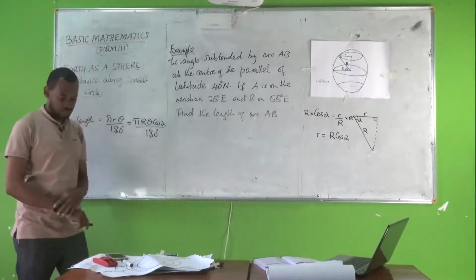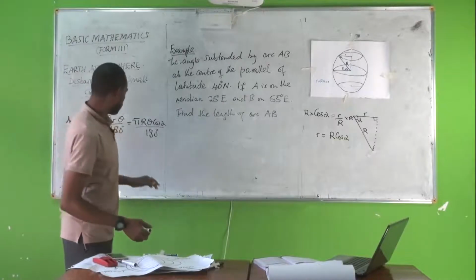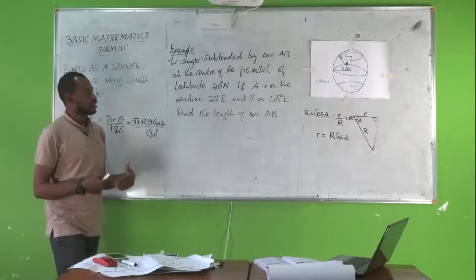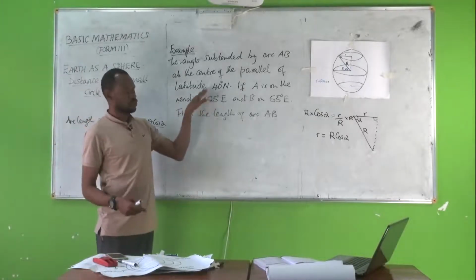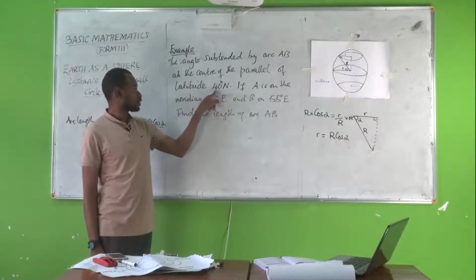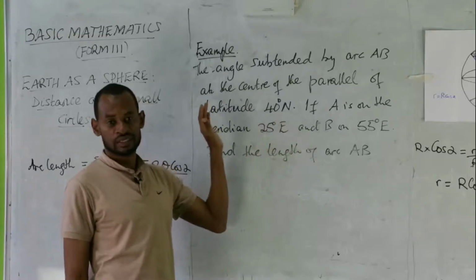So let's come back to our formula here. We say arc length for small circles. How do we know that this is a small circle or great circle? We check if this is north, south, east, or west.